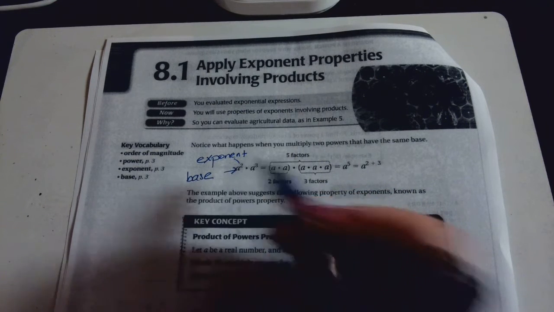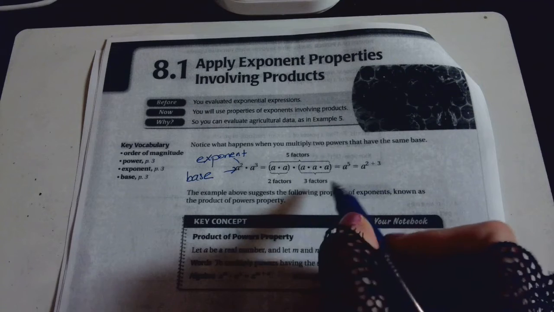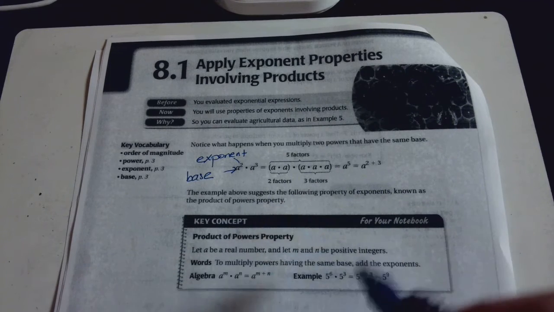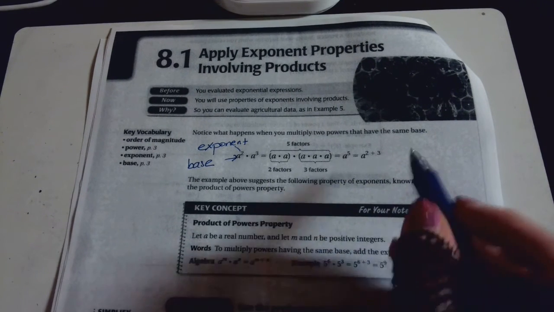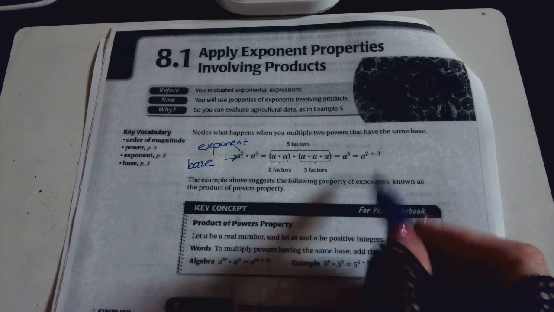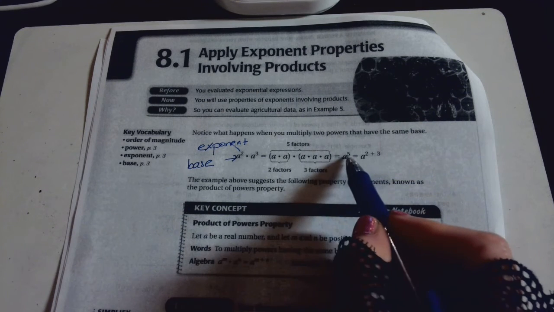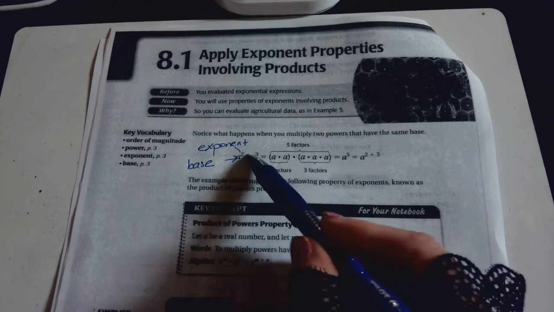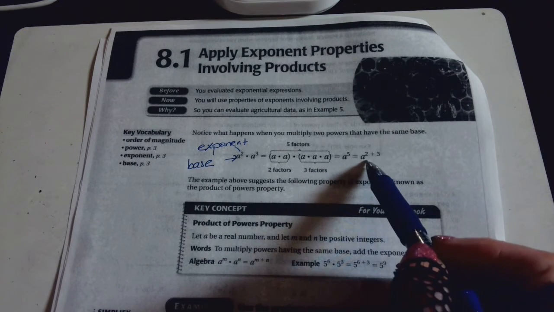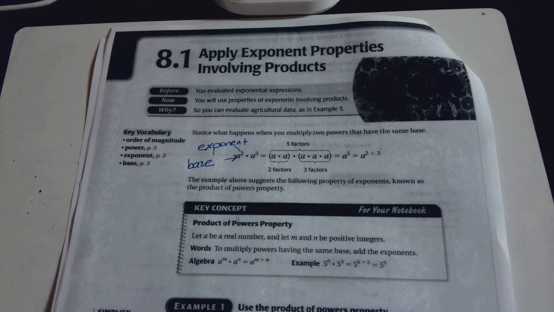So 2 and 3 are the powers. If we are going to start with the first rule, the product of powers property means that you add. If I have 2 and 3, the bases have to be the same, so I add them together and I get a to the 5th. All right? So we're going to start some examples from this.